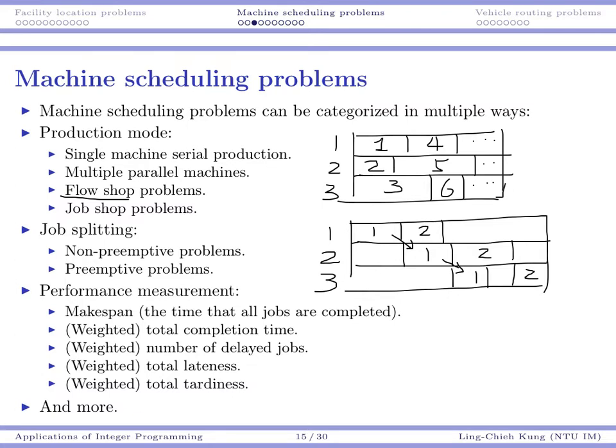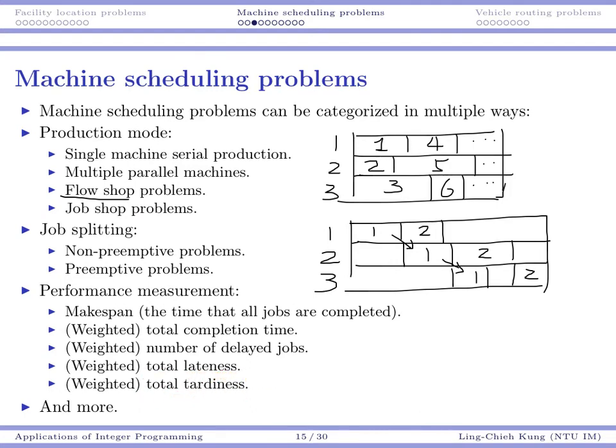Sometimes you talk about total completion time. Completion time is for the job to be finished. Okay, so you want to finish all the jobs as soon as possible, in the sense that you want them to be completed, so that the total completion time is minimized. Sometimes you want to minimize the number of delayed jobs. Sometimes you want to minimize total lateness.